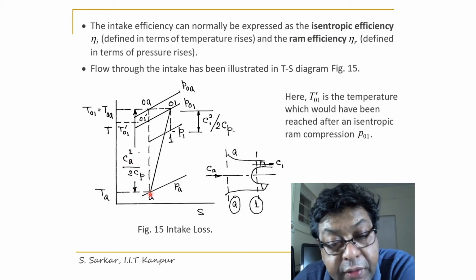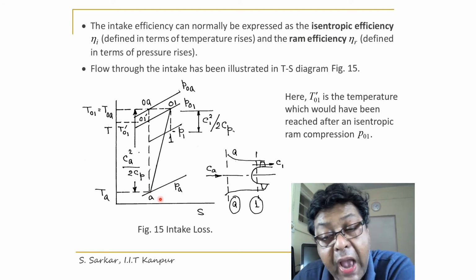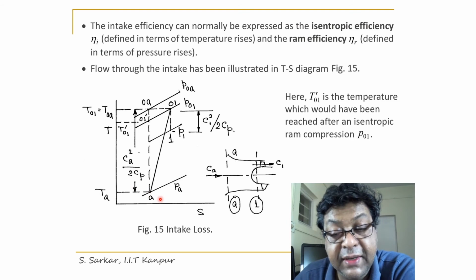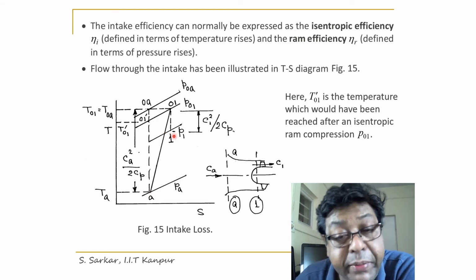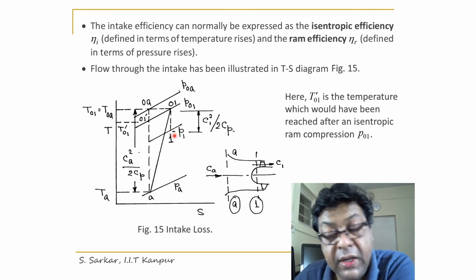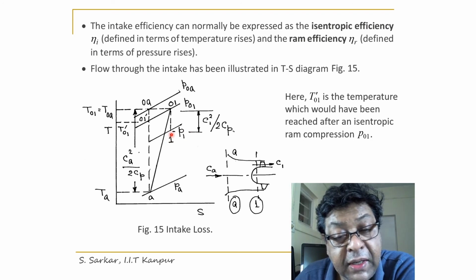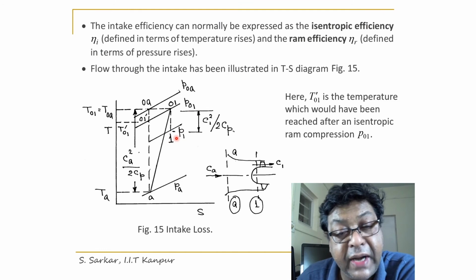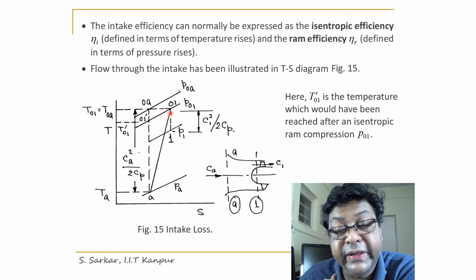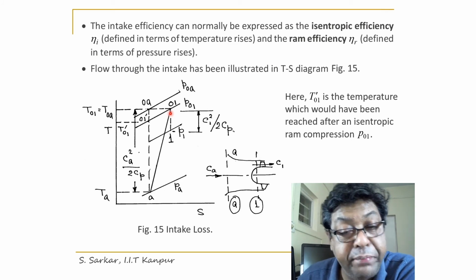So, because of this actual compression, actual diffusion in the intake, the static pressure would be P1 just before the entry to the compressor, and P1 will represent the static pressure and T1 will represent the static temperature, while P01 represents the total pressure and T01 represents the total temperature.